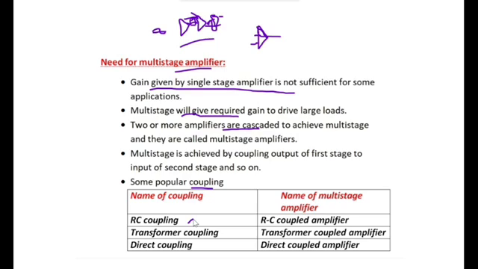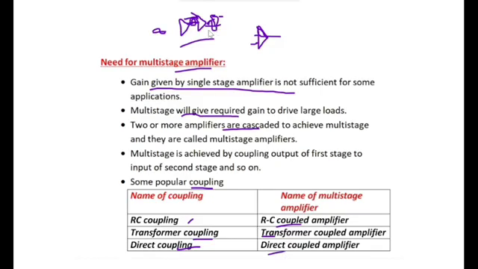The multistage amplifier is then called an RC coupled multistage amplifier, if we use R and C. If a transformer is used in place of the coupling device, it is a transformer coupled multistage amplifier. If we do not use any coupling devices here, it is direct coupled, and we call that a direct coupled amplifier.